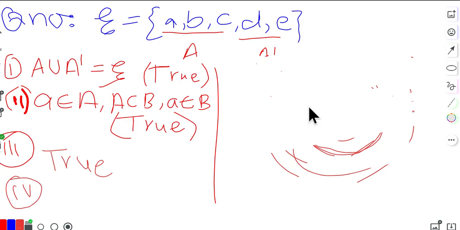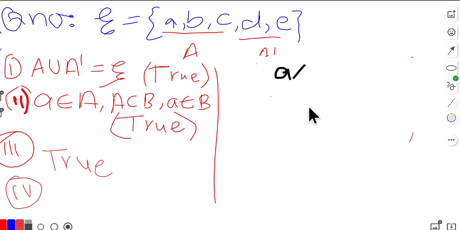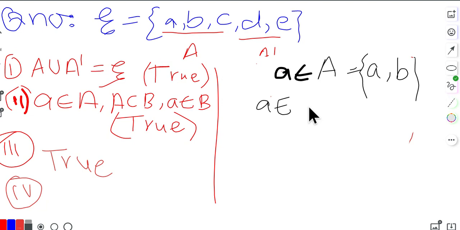This is the set A, and a belongs to set A. Let's suppose there is set A and set B, and a belongs to set B. Here A, B, C: although only two elements are similar, the third one is not similar.